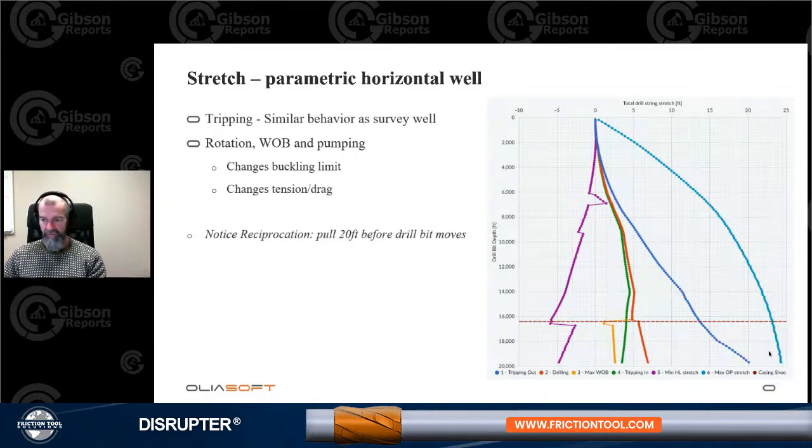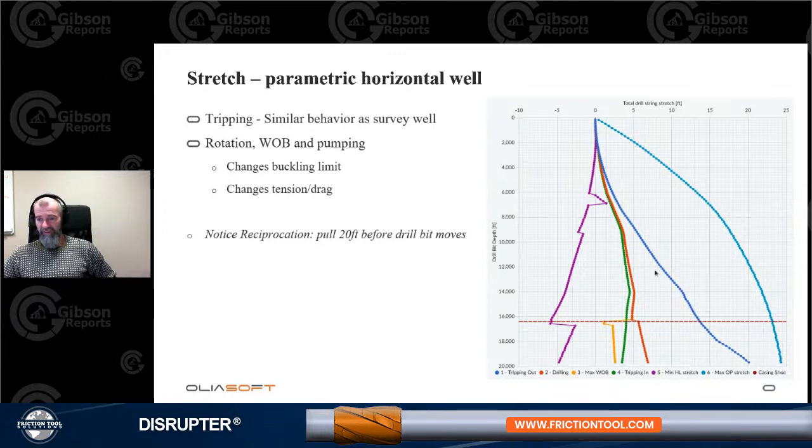If you think you're stuck, just as well as looking at the hook load, you could also measure how much pipe you've pulled out of the hole before you will reach the yield point of the drill pipe somewhere. For this drill string that I used here, this could have been pulled as much as 24 feet if it was stuck at the bottom, without the bottom actually moving at all.